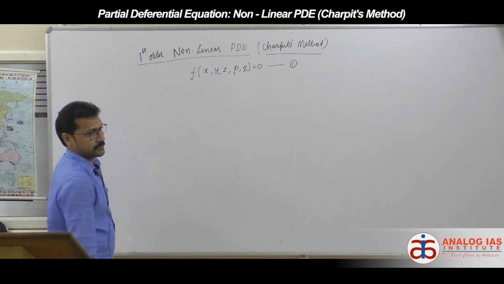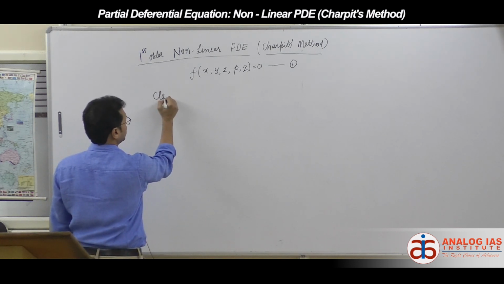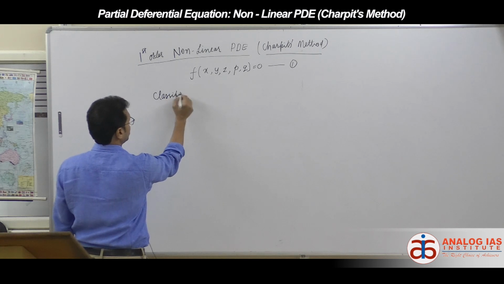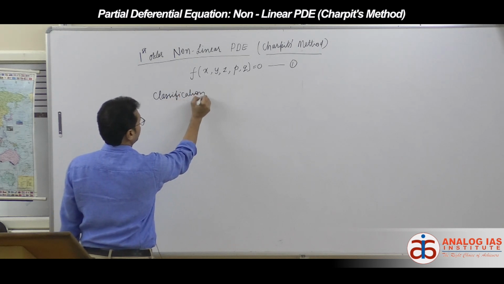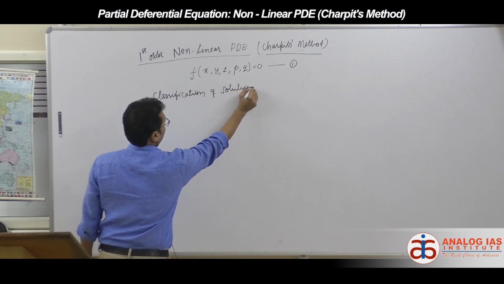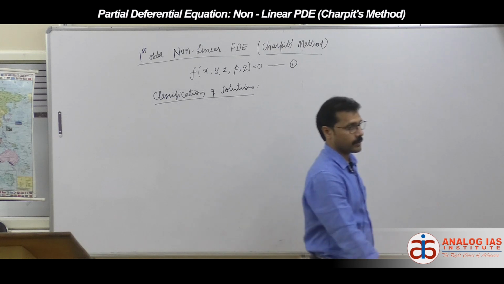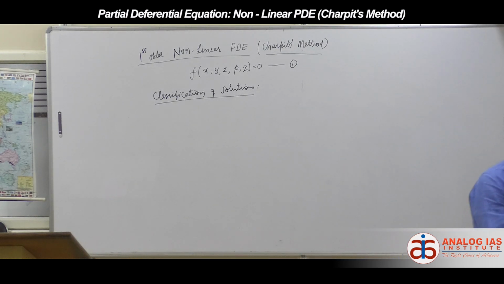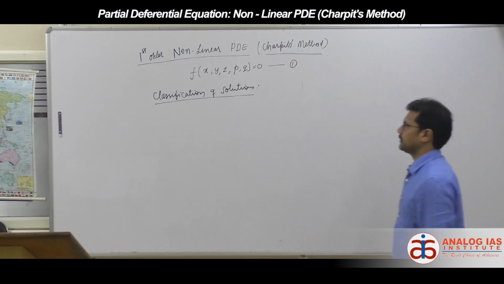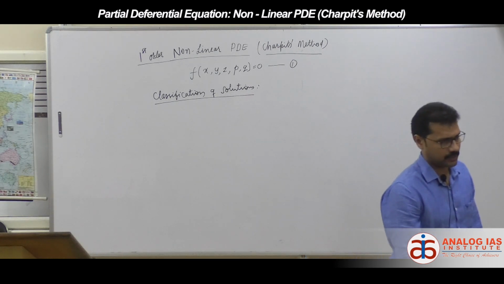When it comes to partial differential equations, how to classify solutions. Take this one: classification of solutions. First of all, a solution is any relationship between x's, y's and z's which satisfies the differential equation.